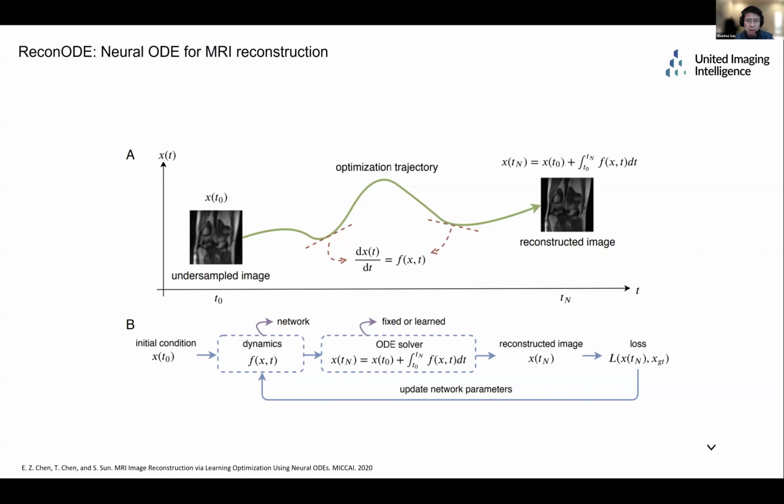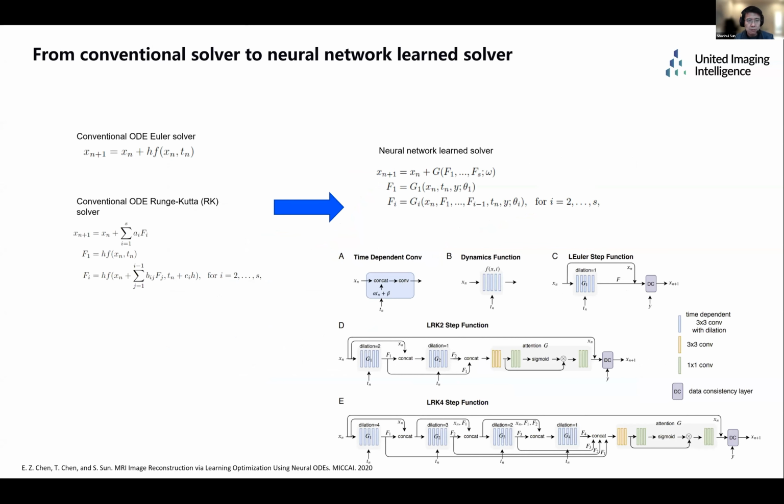And we could either use a fixed off-the-shelf ODE solver to solve the neural ODE, or we could use a learned solver to solve this problem. For the off-the-shelf solver, we could either use a very basic Euler solver, or we could use an RK solver, such as RK2 and RK4. Those basic off-the-shelf solvers are discussed in the original neural ODE paper.